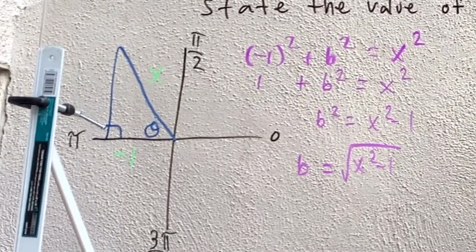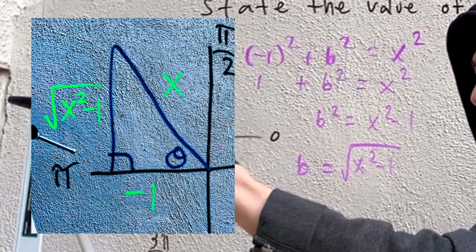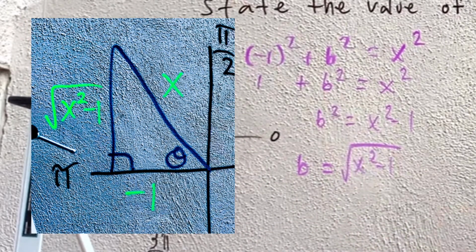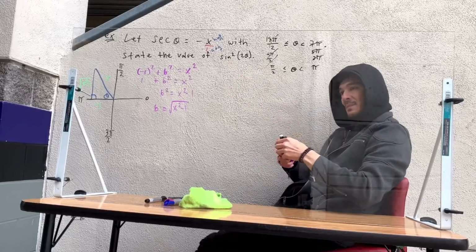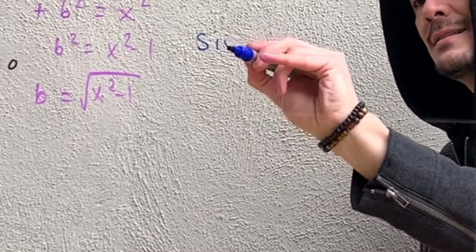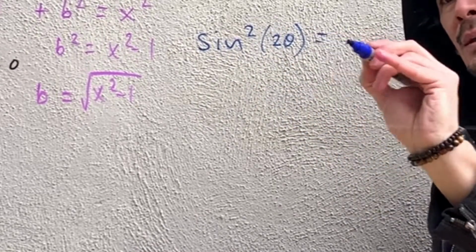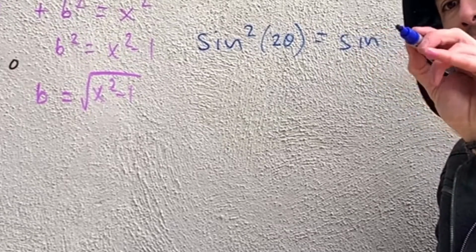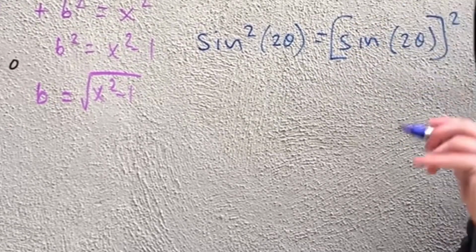Square root x squared minus 1. And that is positive because you go up. So now let us proceed to the goal. The goal here in blue is sine squared 2 theta. Well, that's the same as sine of 2 theta, bracketed squared.